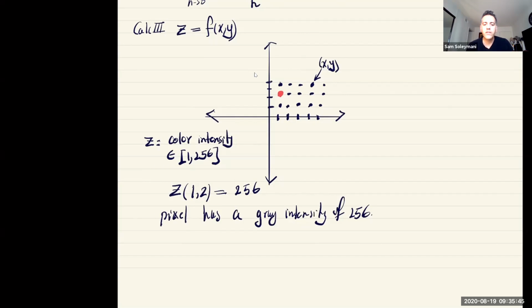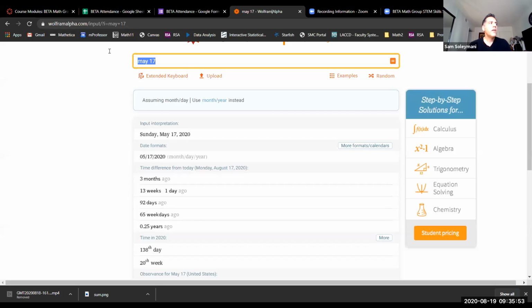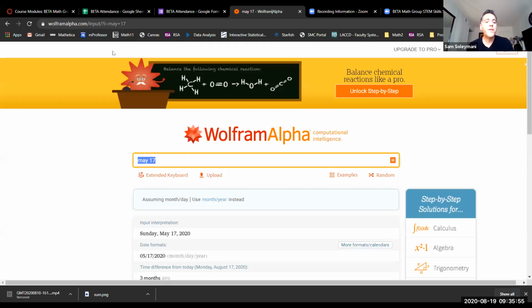Okay, so let's share the screen. I hope you guys can see that screen. All right, so this is Wolfram Alpha, as most of you are familiar with. This is pretty cool stuff. All right, so I'm going to ask Wolfram Alpha to graph Trump for me, okay?